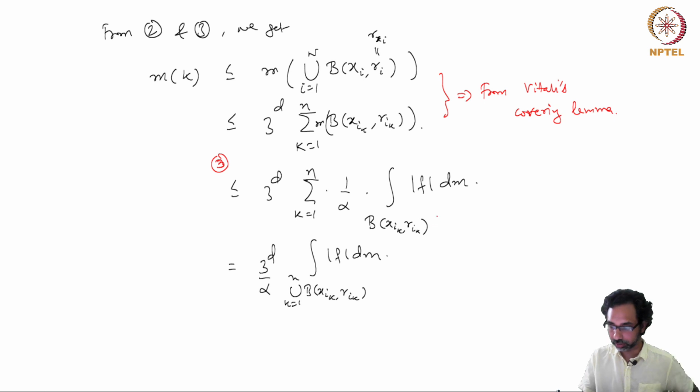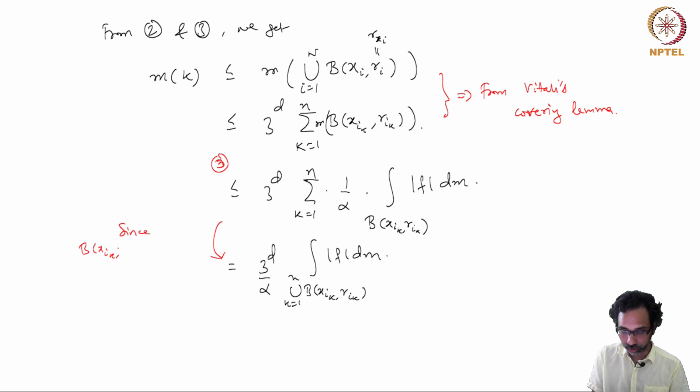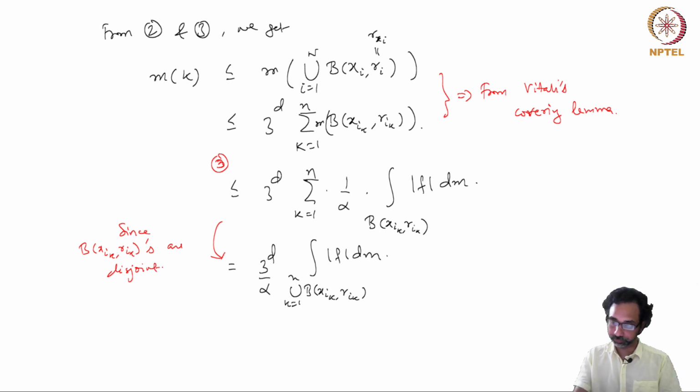So Vitali's covering lemma gave us a disjoint subcollection, since these balls B(x_{i_k}, r_{i_k}) are all disjoint, and now this is less than or equal to 3 to the power d over alpha times the integral over all of R^d of |f| dm, and this is nothing but the L1 norm of f.